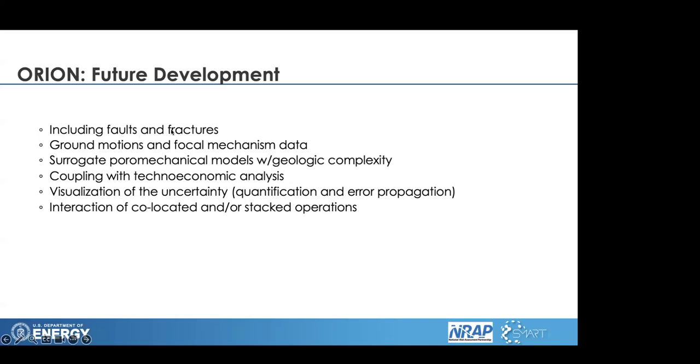Once we start to incorporate faults and fractures, then we can calculate the mechanical stress changes on those features themselves and calculate the event rates associated with particular structures. We started with the lower level implementation only because in lots of cases of induced seismicity, we've noticed that lots of the events occur on faults that are not previously mapped.